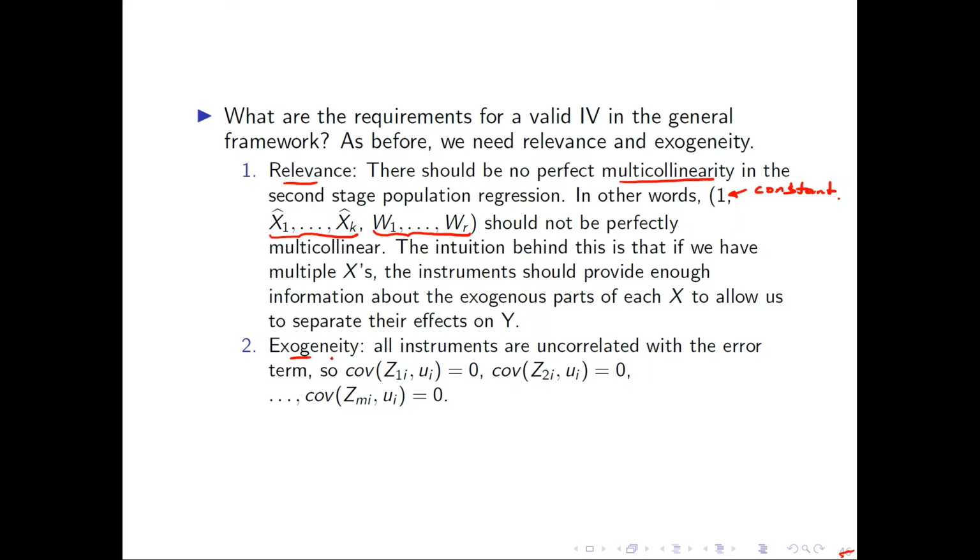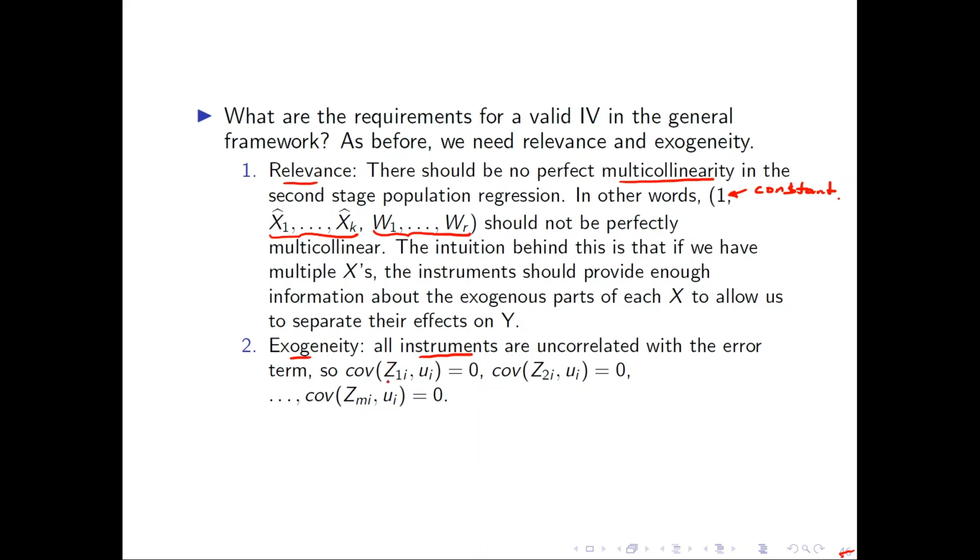And the second requirement is that the instruments, the z's, should be uncorrelated with the error term. And we have seen that if you find an instrument which is relevant for explaining the x, but it might be correlated with the error term, then you can add a control variable to make the instrumental variable exogenous.